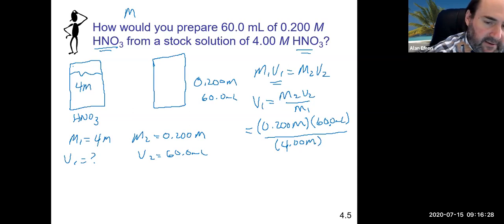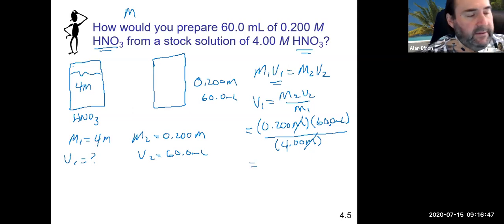Now you may ask yourself, I thought you had to convert to liters, times molarity. And normally you do, but in this particular formula, because we are dividing by molarity as well, the molarities will cancel and we will be left with milliliters. So if we do that, we end up with 3 milliliters.